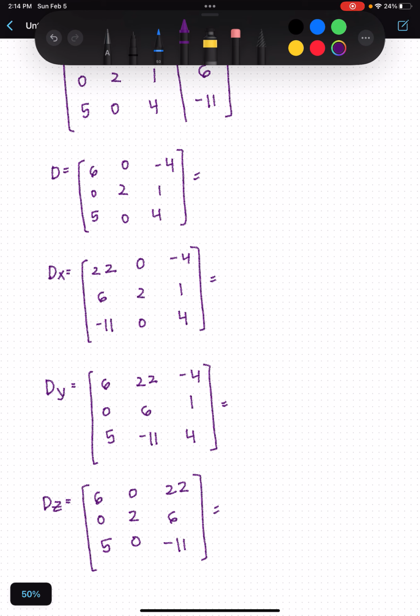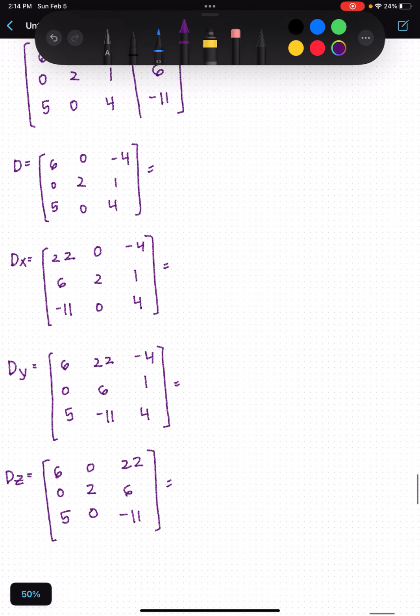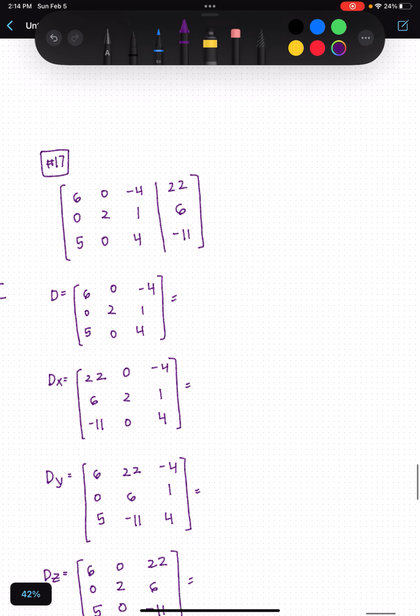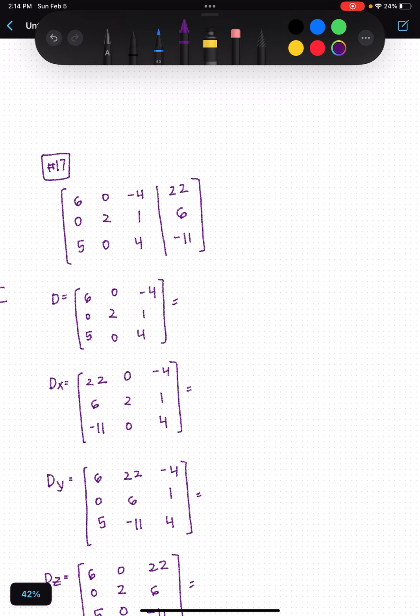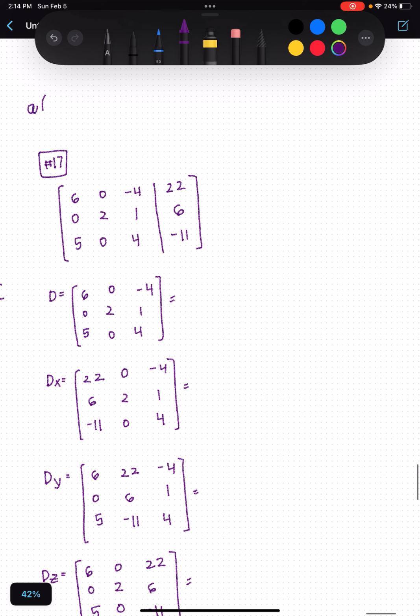So the determinants of each of these, you should have that big formula written down. If not, let me hurry and write it down for you. So a determinant of a 3 by 3 matrix is A times EI minus HF, minus B times DI minus FG, plus C times DH minus EG. Oh my gosh, I just said H and then I wrote F. Let me try that again.